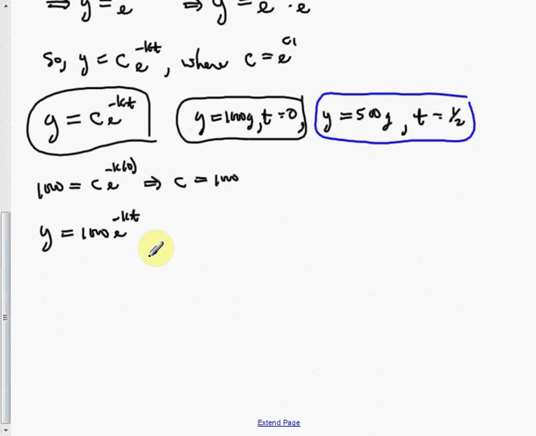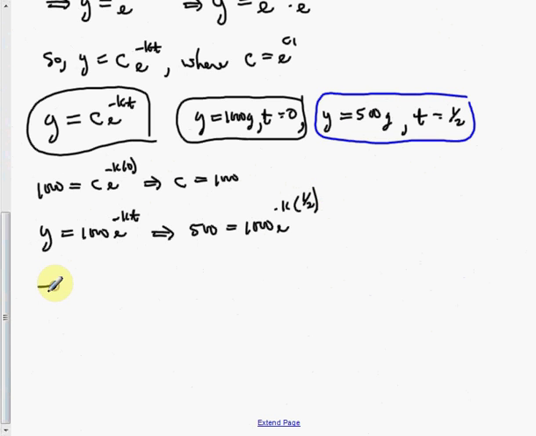So we say this implies that 500 is equal to 1,000 times e to the negative k times 1/2.